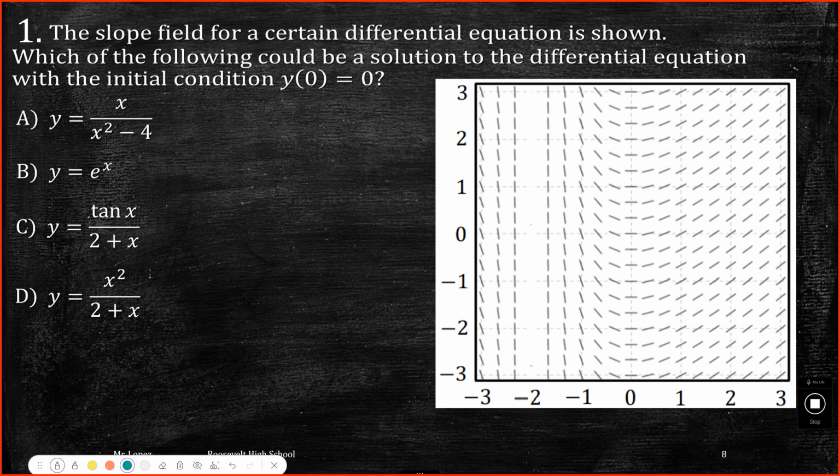Which of the following could be a solution to the differential equation with the initial condition y of 0 equals 0, right here? So this thing is going something like that. What does it have here, that there's nothing here?